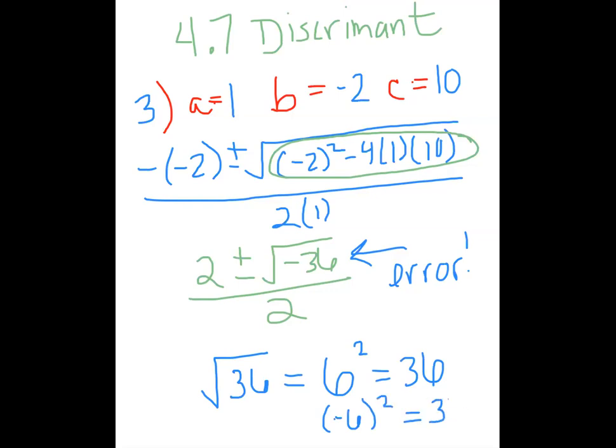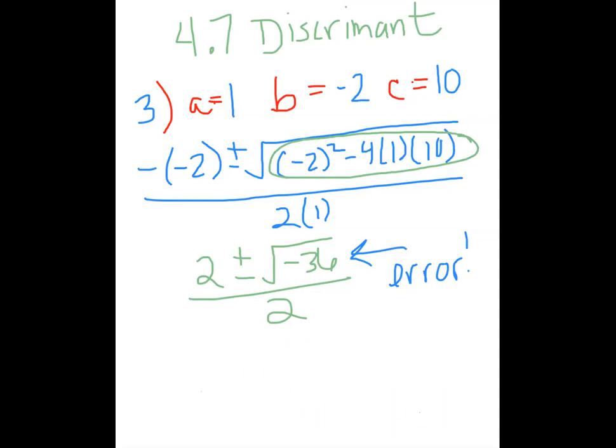Negative 6 times negative 6 is positive 36. The only way that you could potentially get negative 36 out of that is if you were to have a positive 6 times a negative 6. But ladies and gentlemen, by definition of square root, you can't have a 6 times a negative 6. It has to be a number times itself. So that is not a valid option. There is no number times itself that would make negative 36.